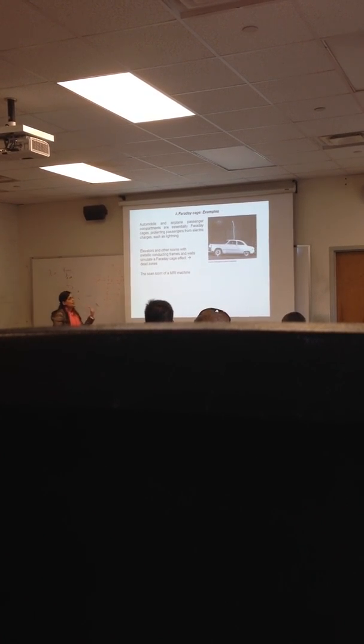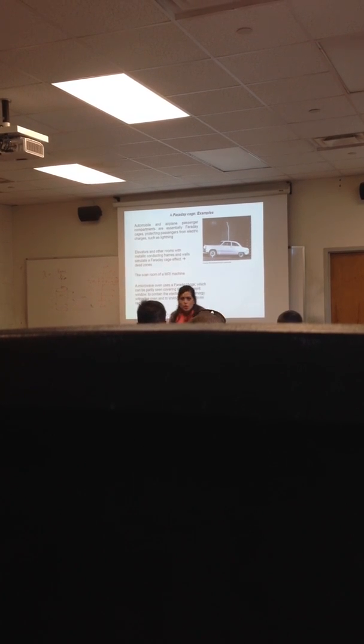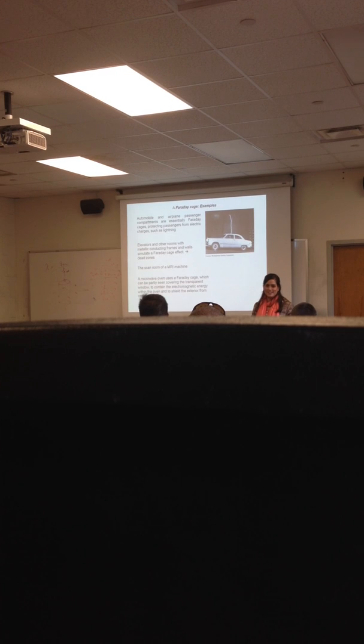The scan room of an MRI machine has to be a Faraday cage because you do not want anything external to contribute to the reading you're getting from the machine. What else? Microwave. You stand in front of a microwave, what do you see on the door? It's a meshy looking thing. That meshy thing is also a Faraday cage. It contains the electromagnetic energy and shields it from the exterior.